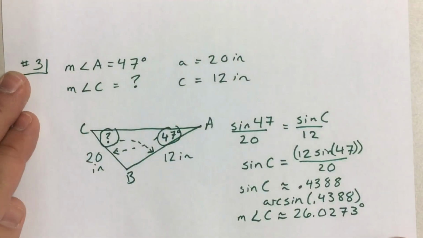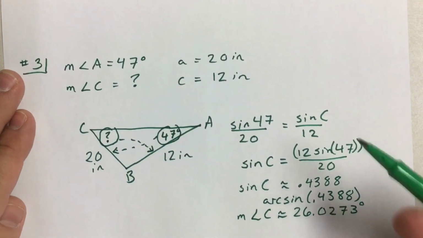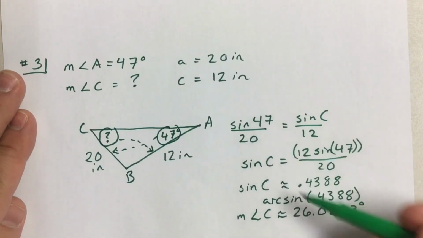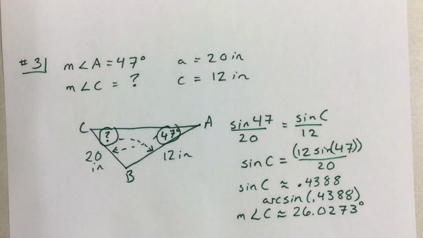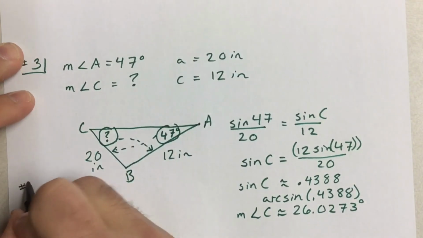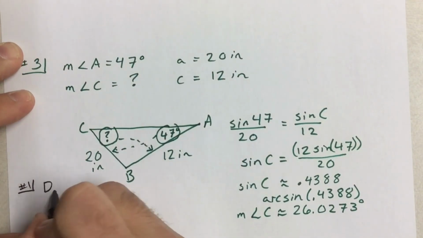So again, not bad. It changed slightly because we needed to find an angle measure, and with finding an angle measure, we had to use arc sine. But law of sine, you're using only sine. Yes, it is always sine. So let's close up here with our tips, writing this down. So tip 1, draw a triangle.